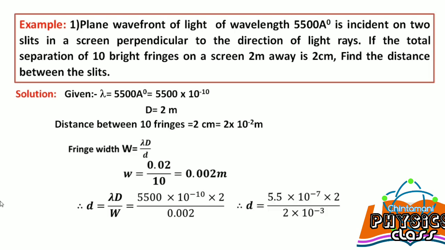Now rearranging the terms, d is equal to 5.5 into 10 raised to minus 7 multiplied by 2, divided by 2 into 10 raised to minus 3. This 2 gets cancelled. This 10 raised to minus 3 shifted upward gets plus, and the value of small d is equal to 5.5 into 10 raised to minus 4 meter.